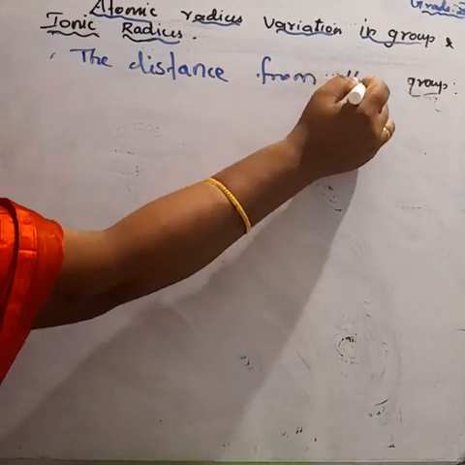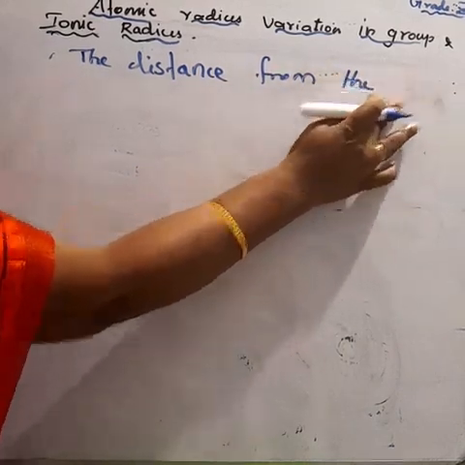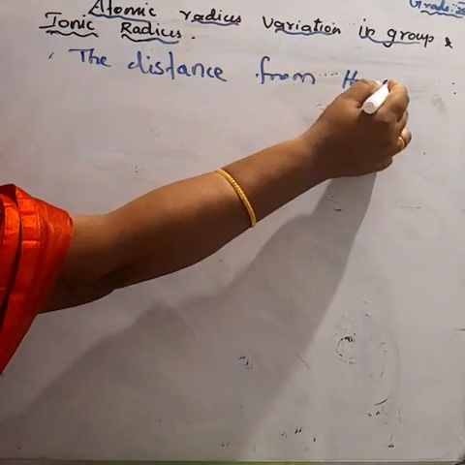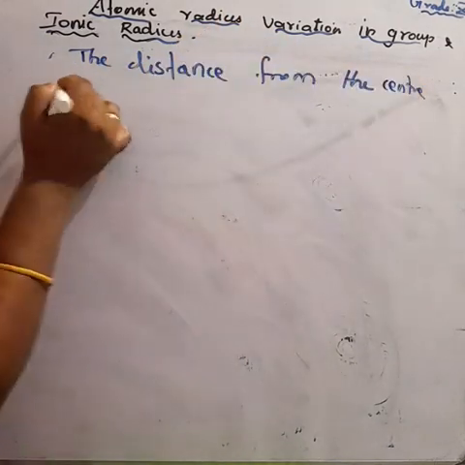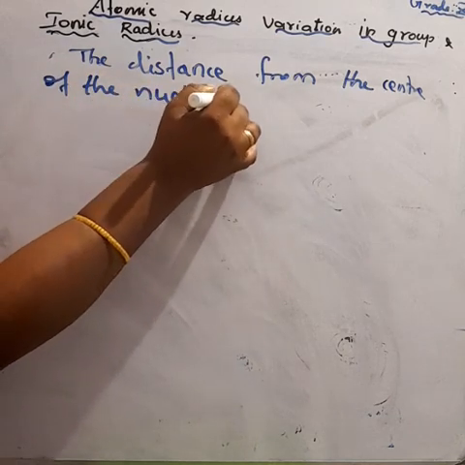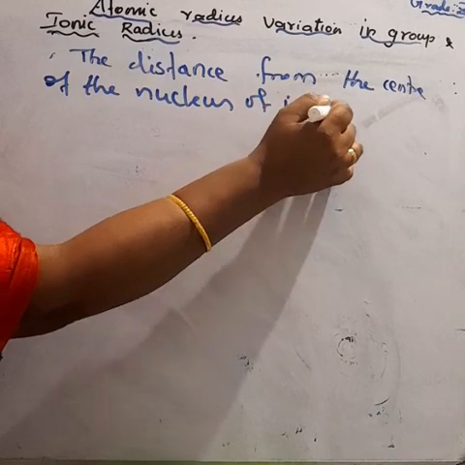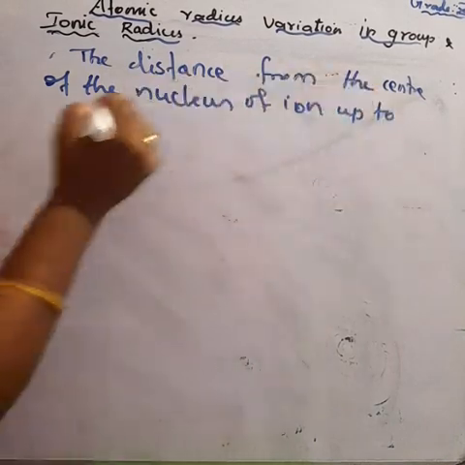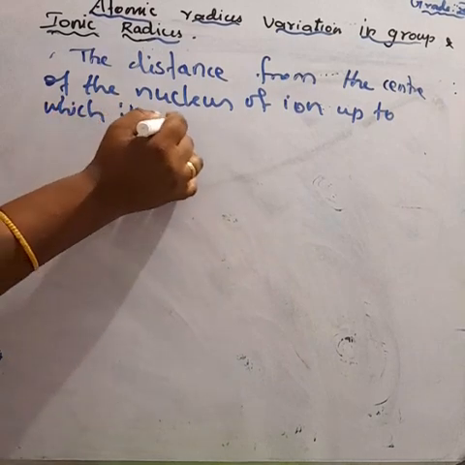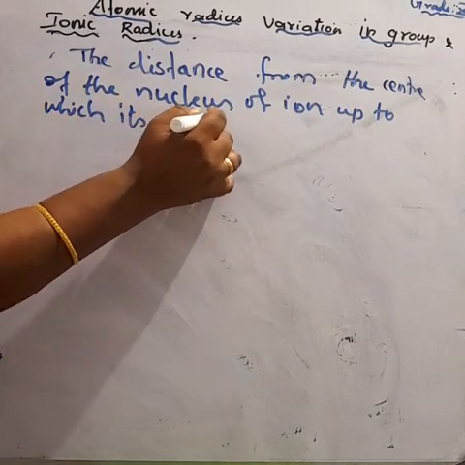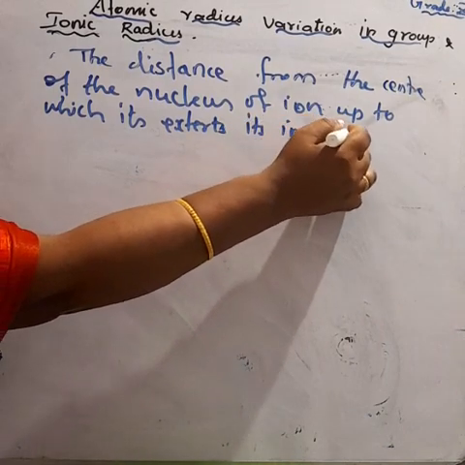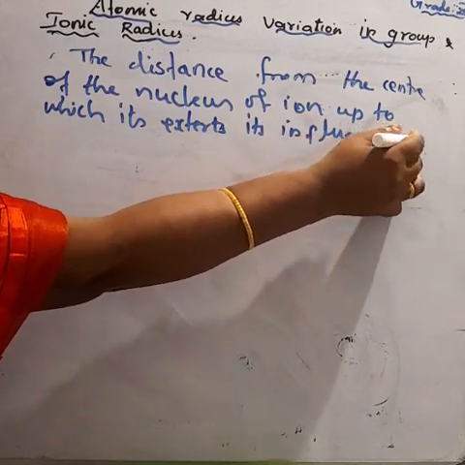What do you mean by ionic radius? It is defined as the distance from the center of the nucleus of the ion up to which it exerts its influence on the electron cloud of the ion.